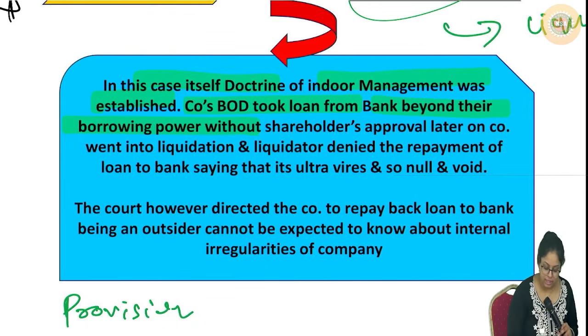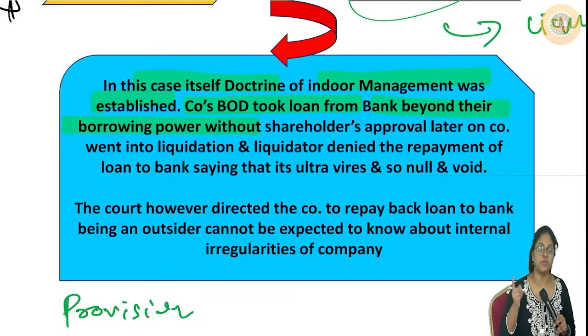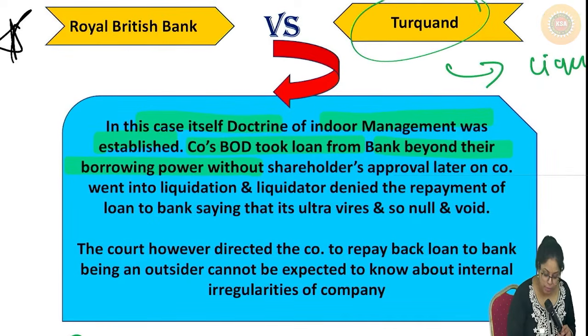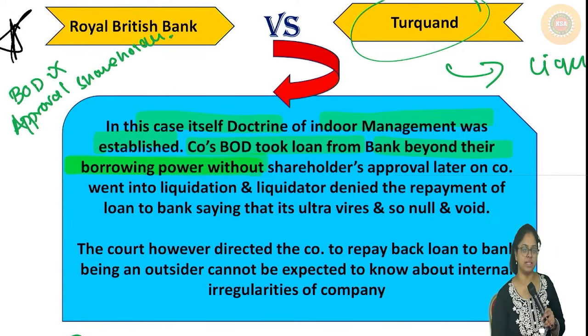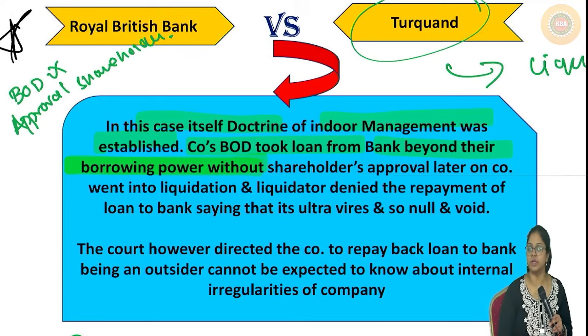So here, the company took a loan from this Royal British Bank which was beyond their borrowing power. The rule was that the board of directors alone could not decide; they needed to get the approval of the shareholders also. In the MOA, it was written that you need to get additional approval from the shareholders if you want to take the loan.